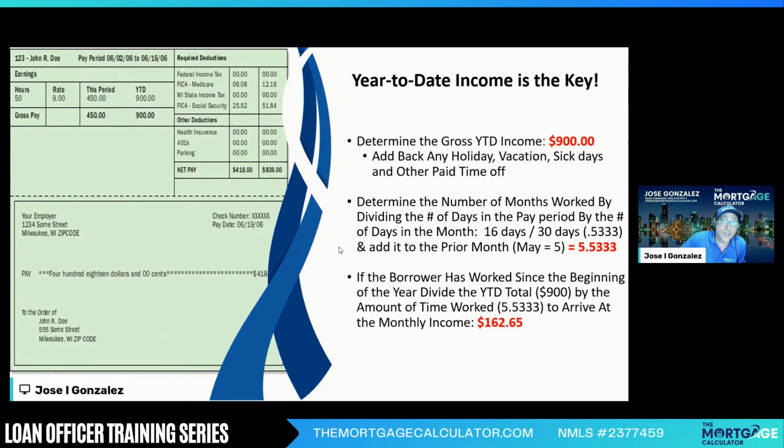Then you would determine the number of months that the borrower has worked, right? So here we are 16 days into June. So 5 months have passed and 16 days, right? So we get 16 days divided by 30 days, which is the number of days in June, and that gives us 0.5333, and it repeats way out there.